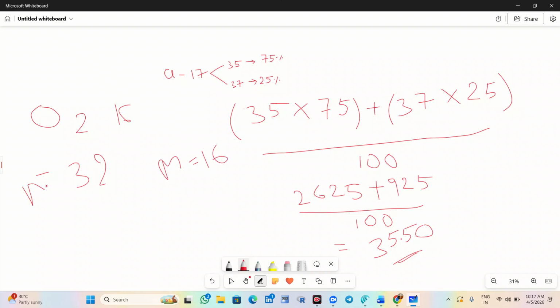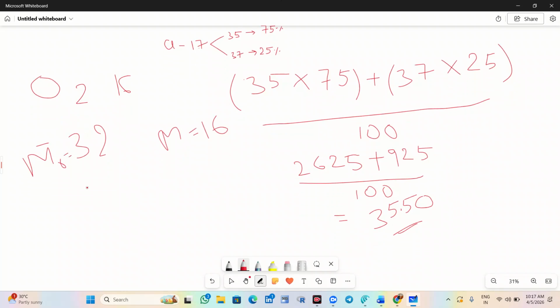Relative formula mass Mr equals 32. So what we have to do is mass over relative formula mass, mass over Mr. So it will be 16 over 32, and we will get 0.5.